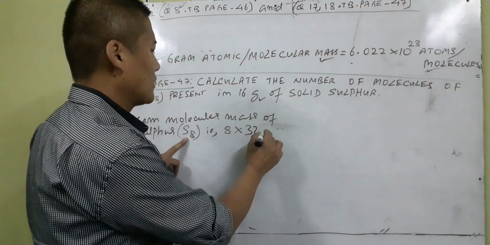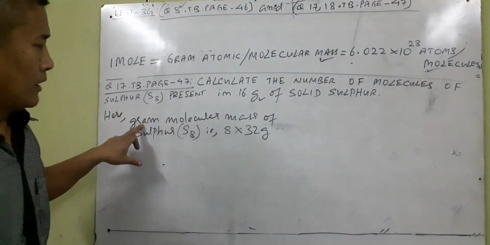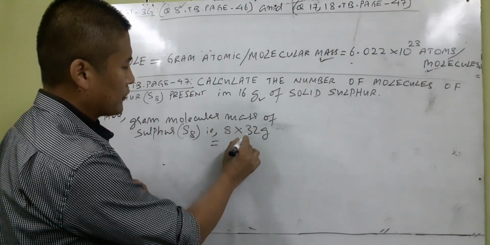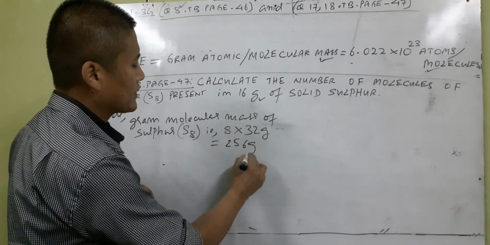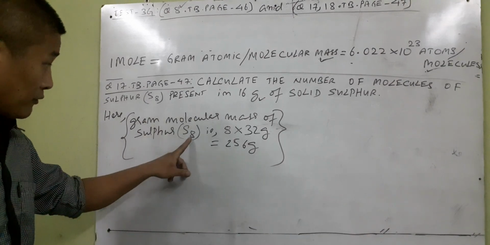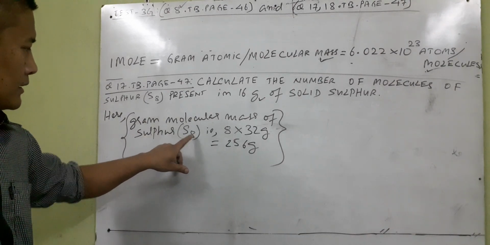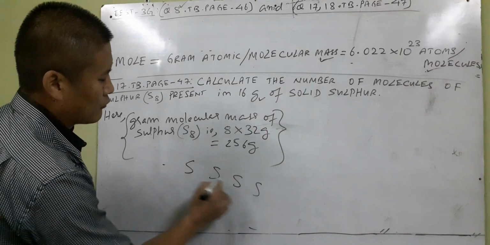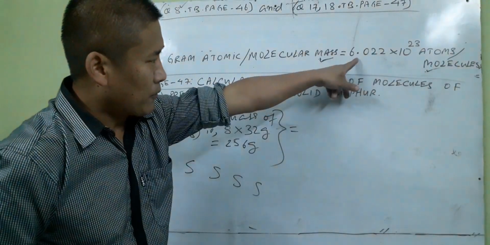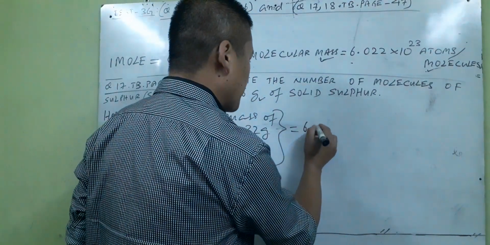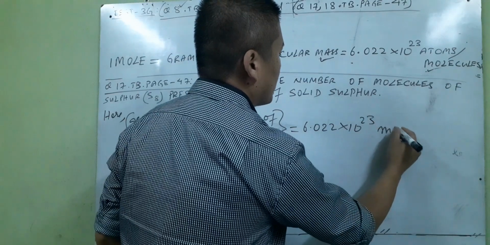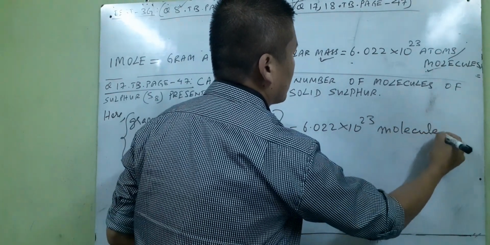Yes, 32. So we put G because it's here gram. So that will be equal to how much? 8 2s are 16, 8 3s are 24 plus 1, 25. 256 gram is the gram molecular mass, because there's more than one atom, you see. S8 means like this, sulfur 8. So more than one atom, molecule, we're going to have to use the number of molecules. So 6.022 into 10 to the power 23. We will write molecules because this is clearly molecules.